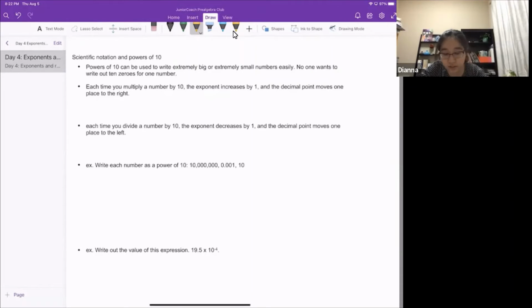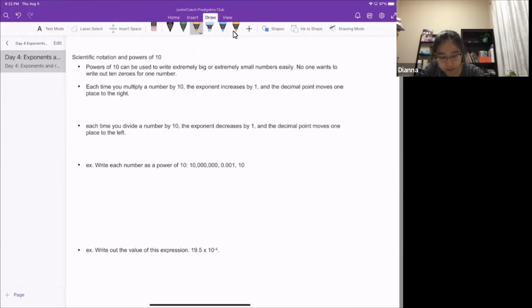We all know that 10 times 10 is 100, and 100 is also 10 squared. So the exponent increases by 1 every single time I multiply by 10.